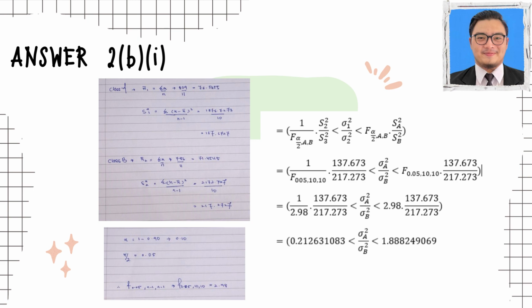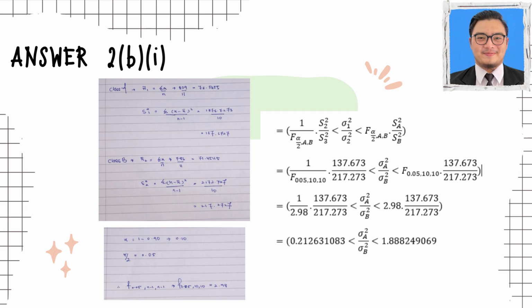So, the formula is 1 divided by 2.98 times the sample variance for class A divided by sample variance of class B, less than variance A divided by variance B, less than 2.98 times the sample variance for class A divided by sample variance of class B. So the final answer we can see here, we get 0.212631083 less than variance A divided by variance B less than 1.888249069.